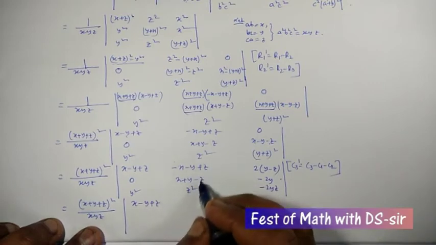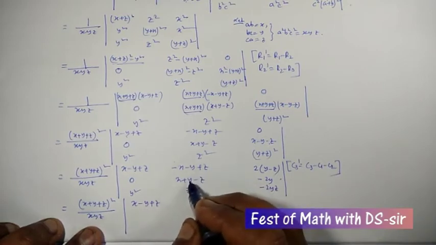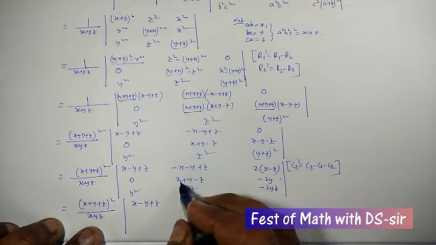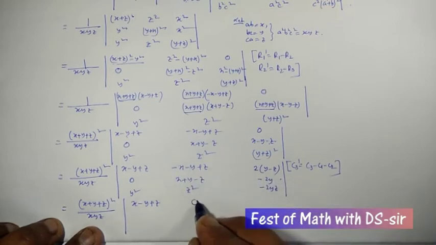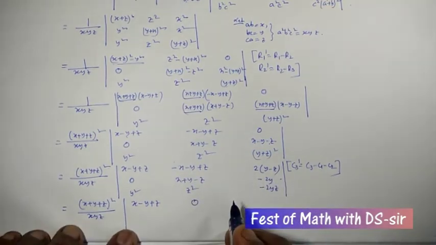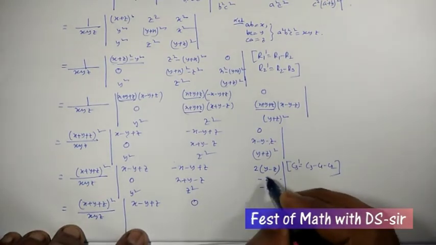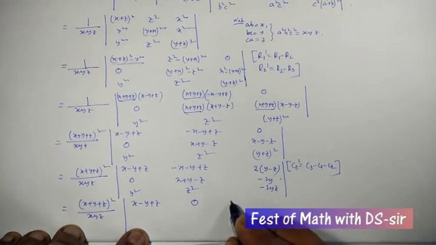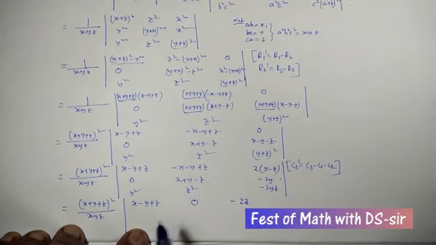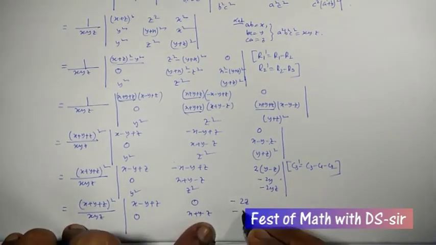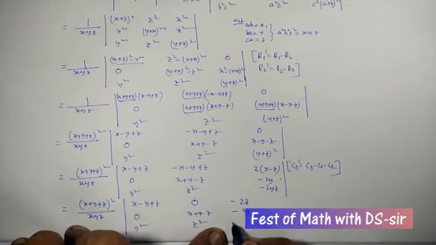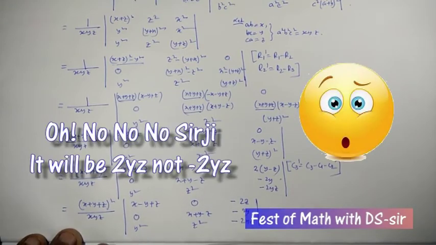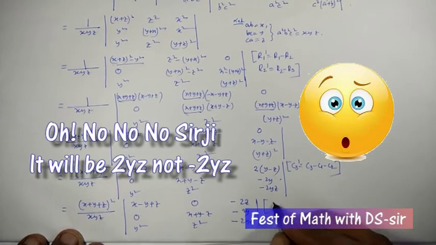These two are added, z cancels, y cancels and x cancels. It becomes 0. And when these two are added, plus 2y minus 2z minus 2y, so it is minus 2z. What have we done?